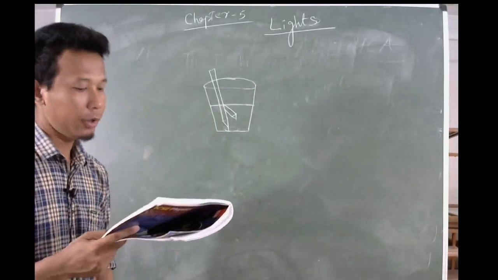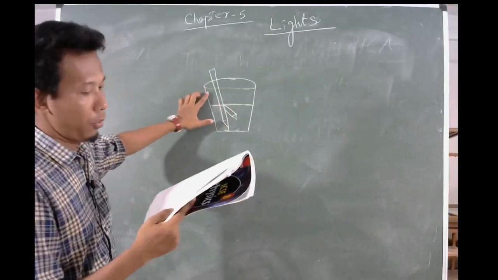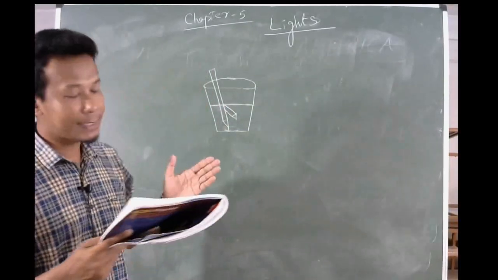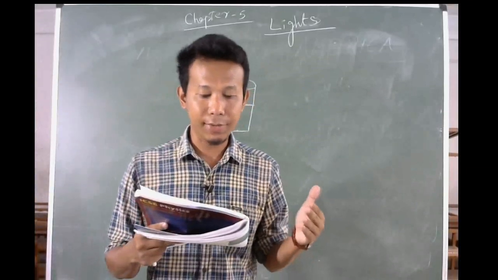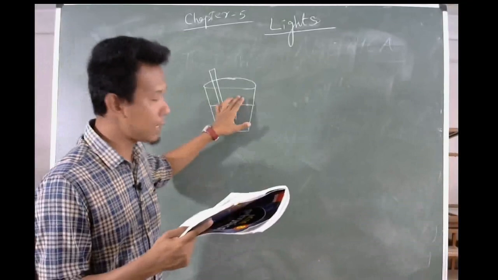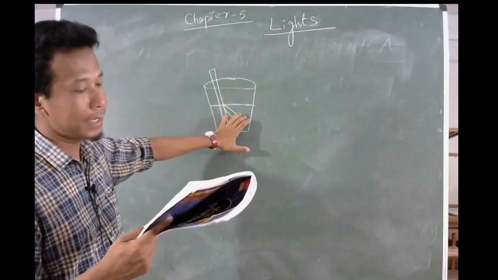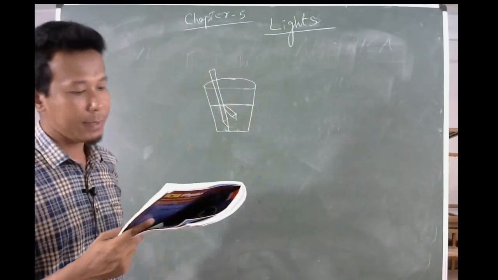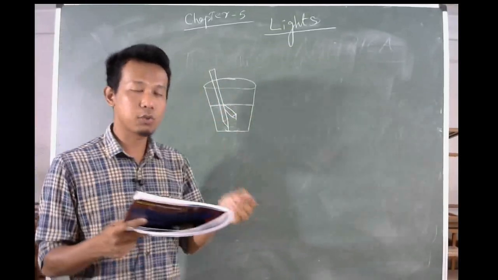When the light is entering from an optically rarer medium to an optically denser medium, say for example air to water, the speed will slow down.